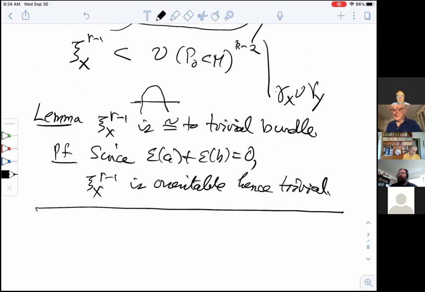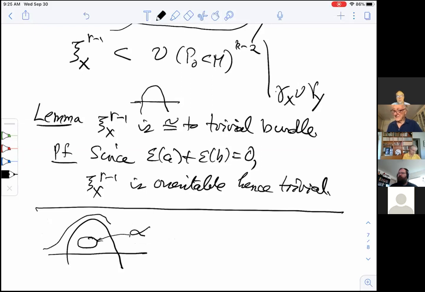Next, let's consider the normal bundle, not of P naught, but of all of P inside M. Next, I come to the second assumption. In P naught, we have a boundary component of P naught that is the boundary of the disk. I'm going to call that component boundary component alpha.